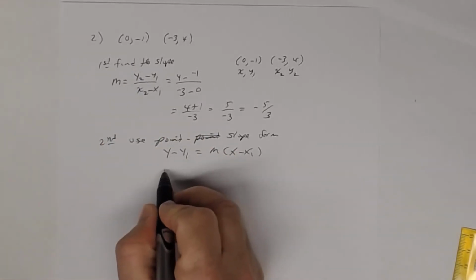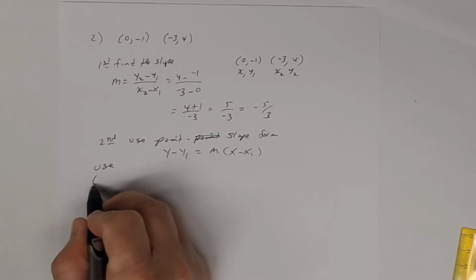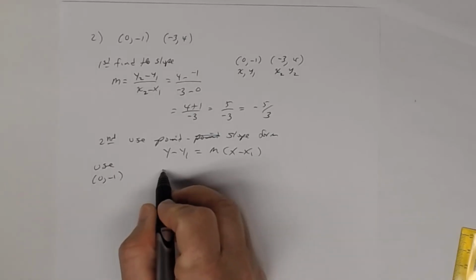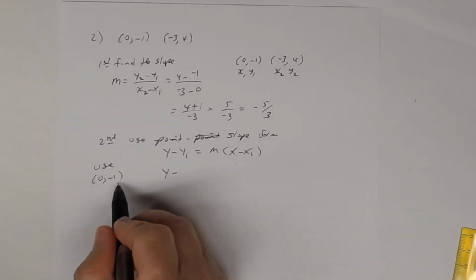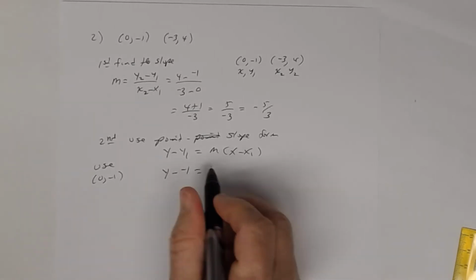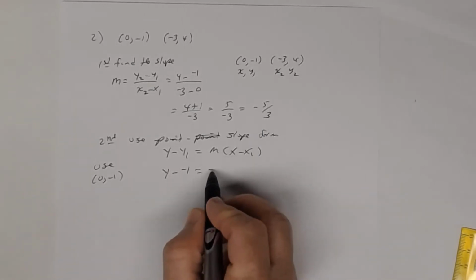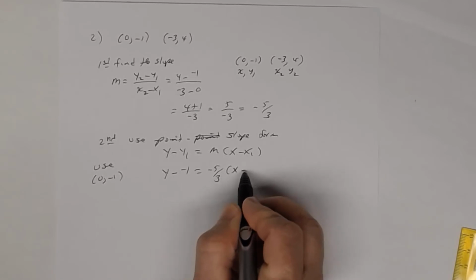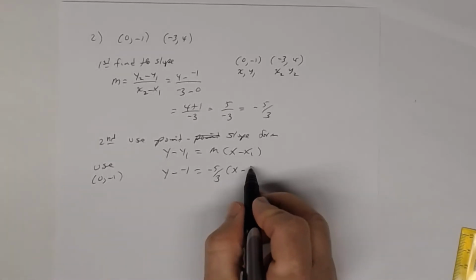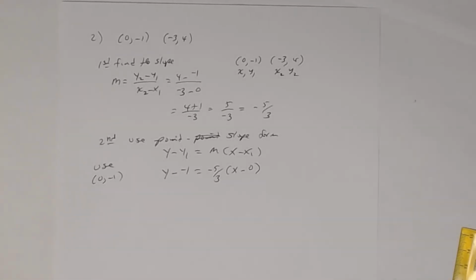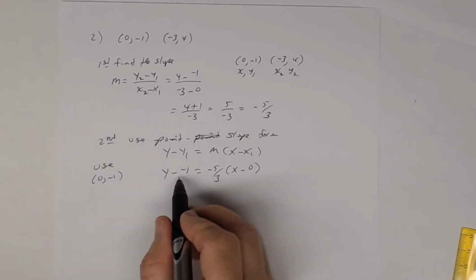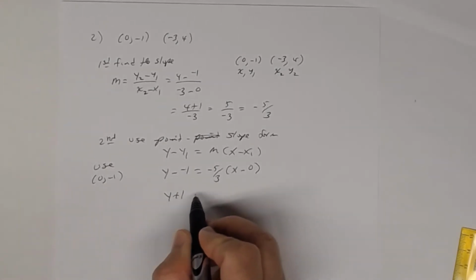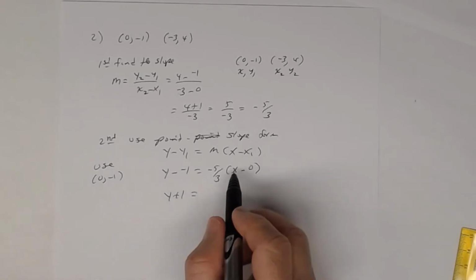All right, so I'm going to go ahead and use 0, negative 1. So we get y minus the y coordinate, which is negative 1, equals the slope, which is negative 5/3, times x minus the x coordinate, which is 0, right? Okay. And then y subtract negative 1 means y plus 1 equals. And let's go ahead and simplify this.